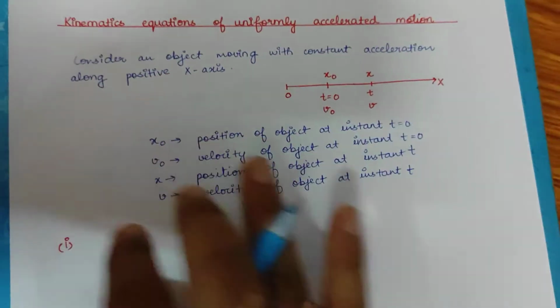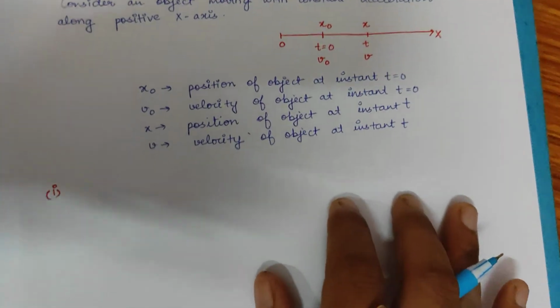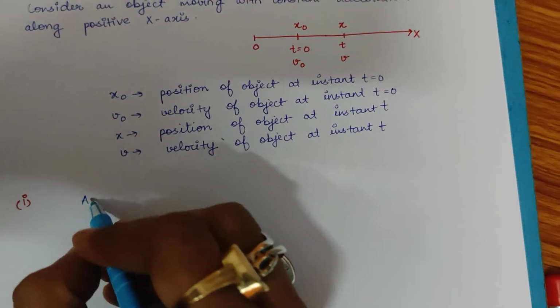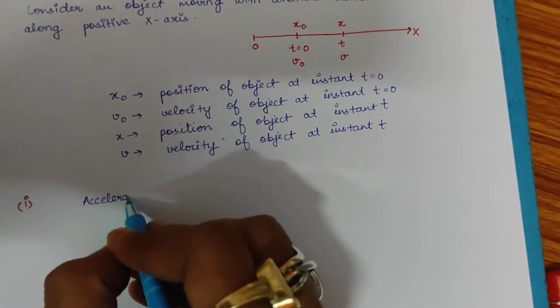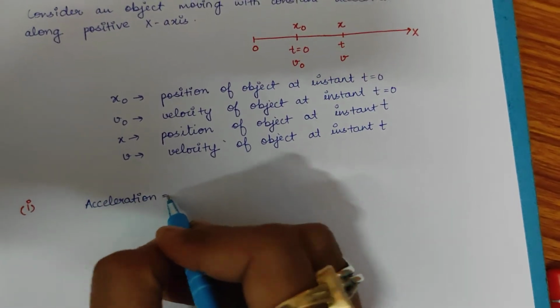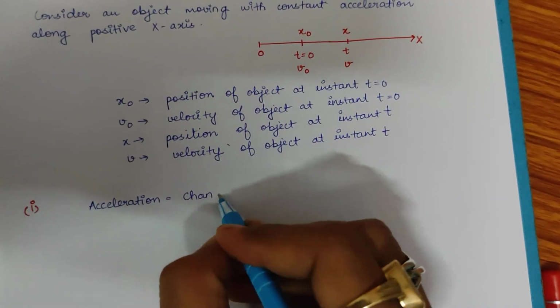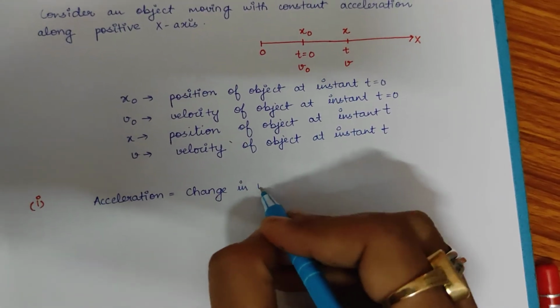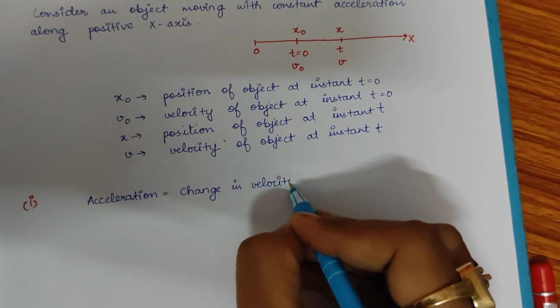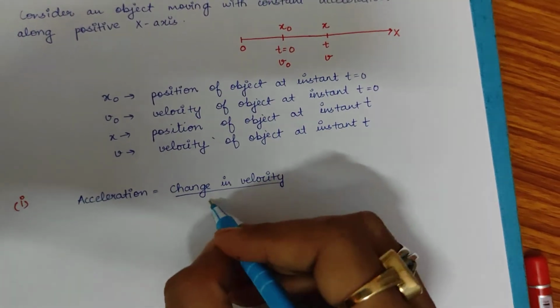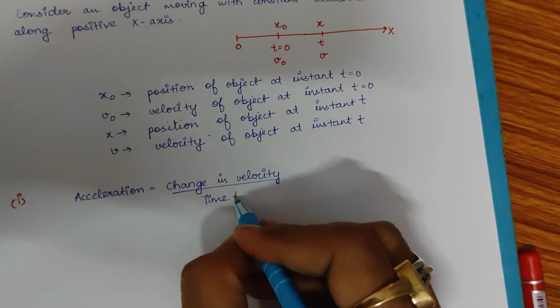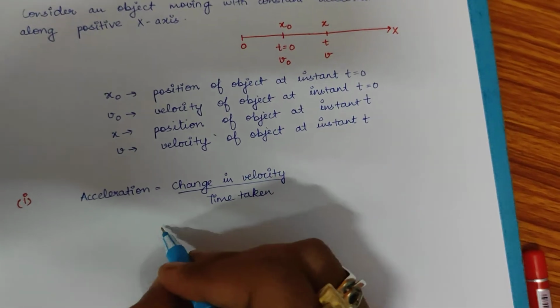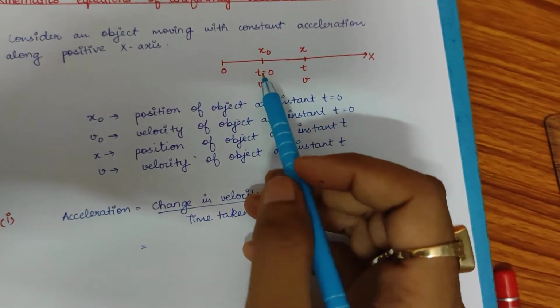As this is all about uniformly accelerated motion, we will consider acceleration. We all know by definition that acceleration is the change in velocity upon time taken. What is the change in velocity here?